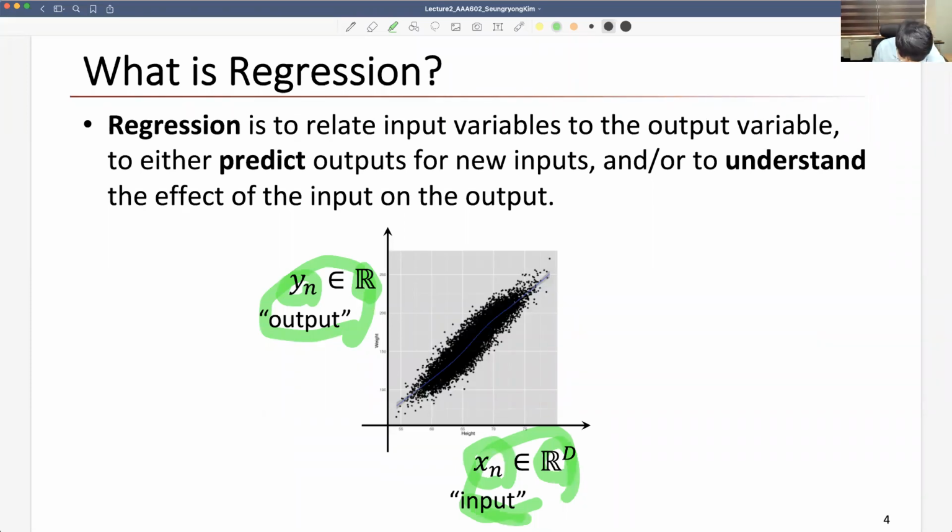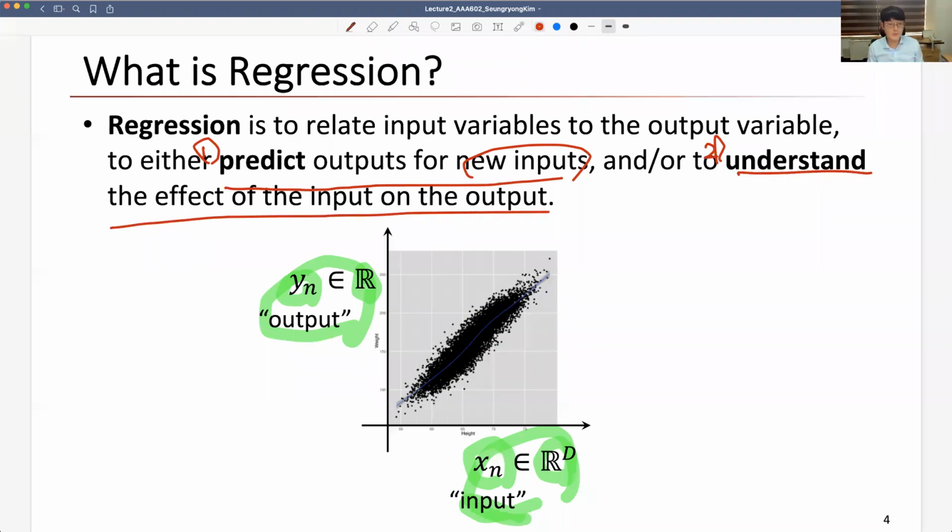There are two kinds of goals of the regression problem. The first goal is to predict the output for a new input. The second goal is to understand the effect of the input on the output.